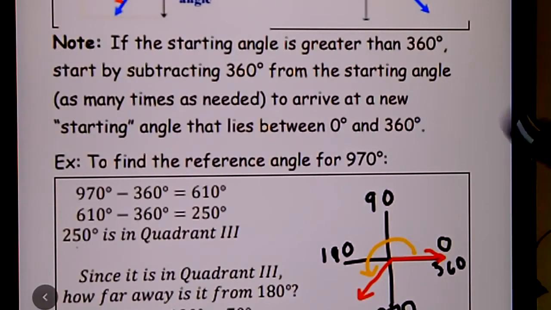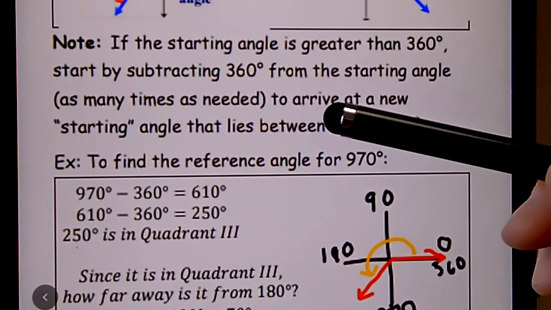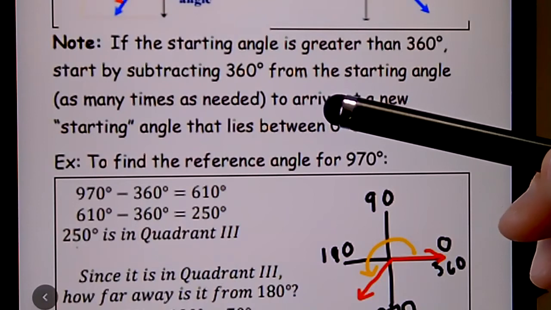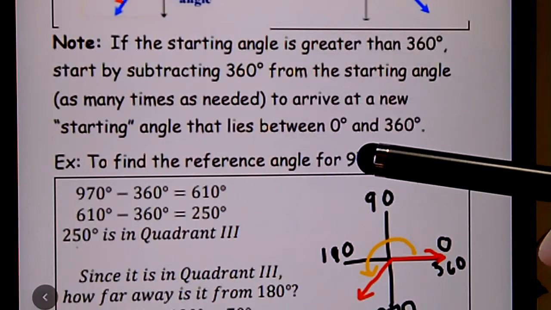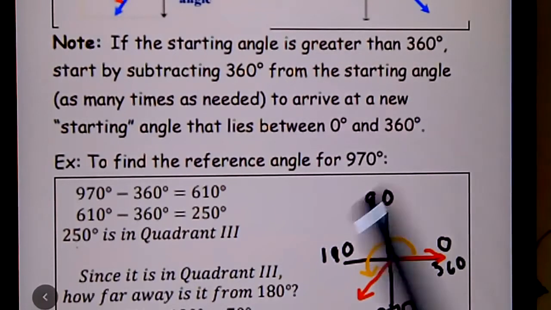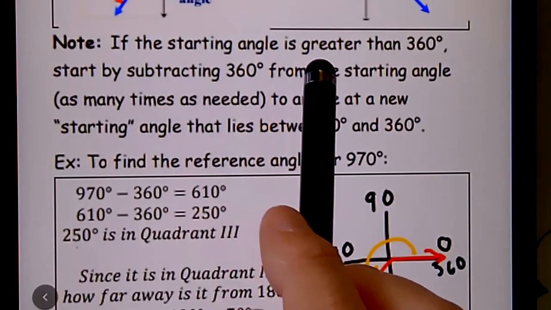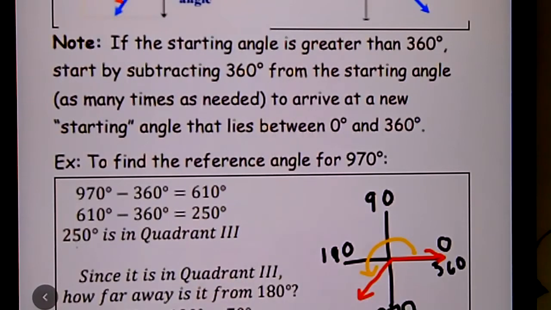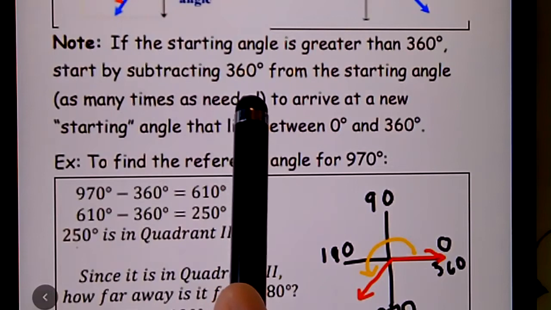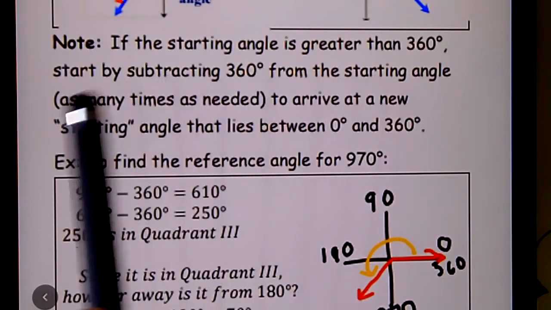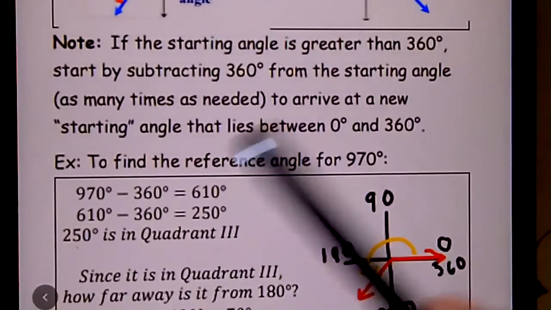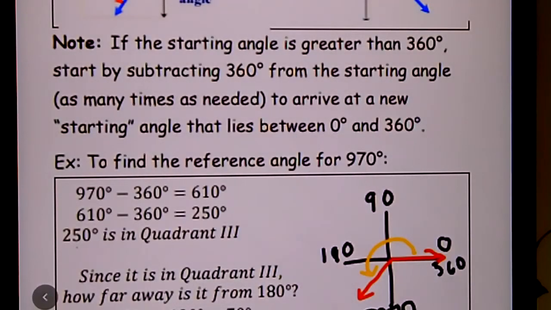Now, we can have angles that are also more than 360, greater than 360, meaning that they go around the circle more than one time. So if the starting angle is greater than 360, start by subtracting 360 from the starting angle as many times as needed to arrive at a new starting angle that's within 0 to 360, okay?